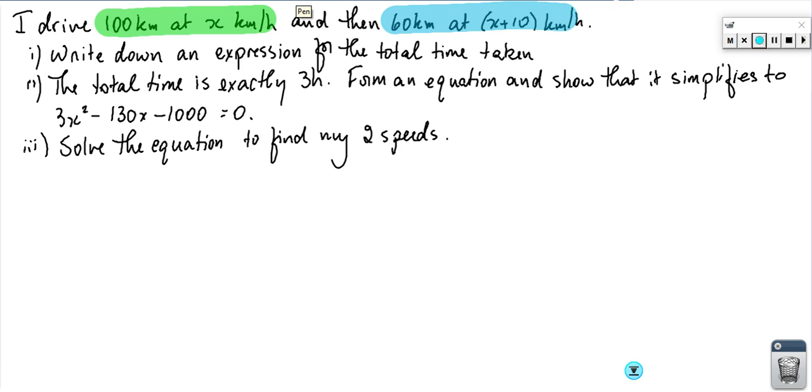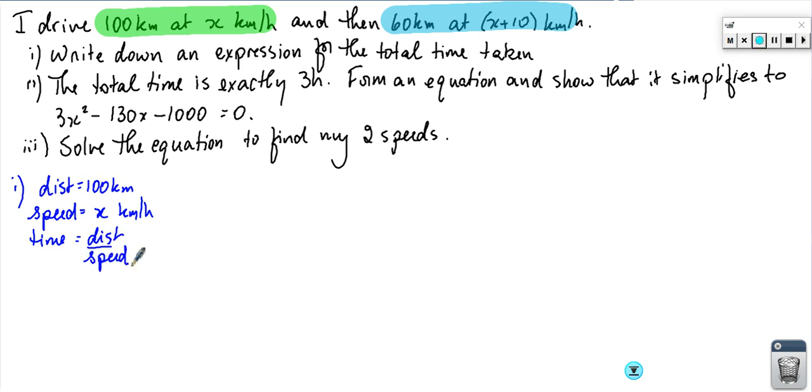So from the first part of the question, the one shaded in yellow, I know that the distance is 100 kilometers. The speed is x kilometers per hour. So I can find the time there. Time is distance all over speed. So the time it took me to cover the first part of the journey was 100 on x.